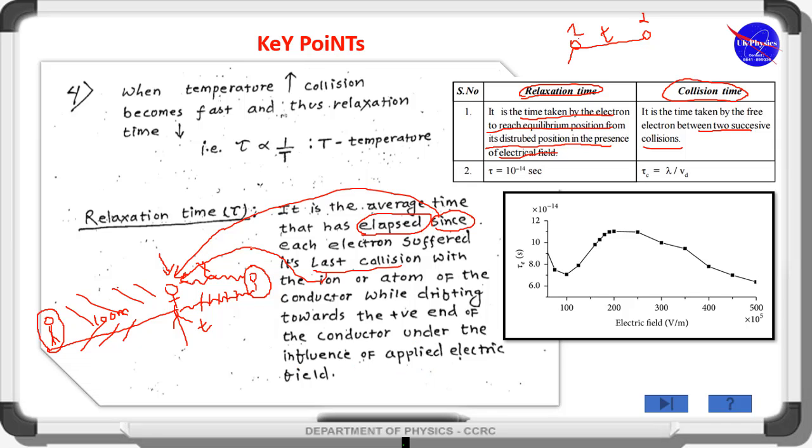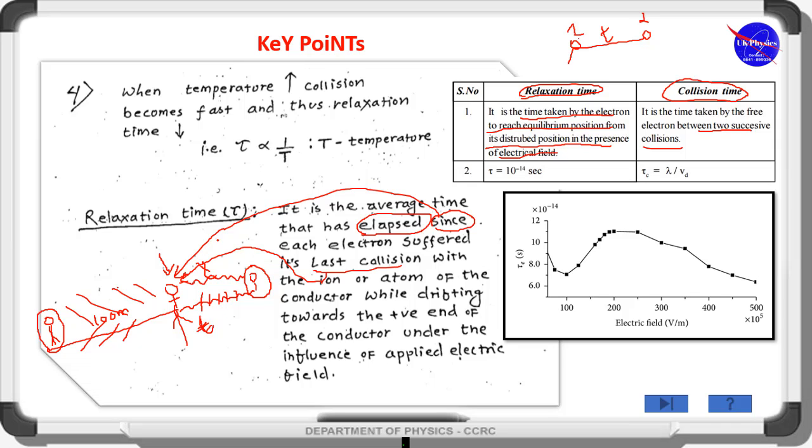So relaxation time simply means the average time that has elapsed since each electron suffered its last collision. That means the time taken to be relaxed, the time taken by the electron after its last collision finally to become at rest.